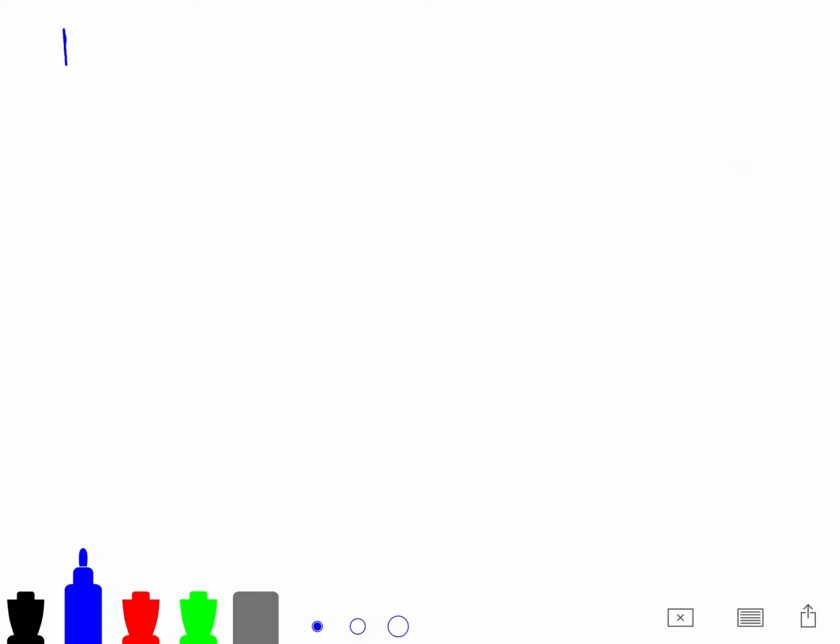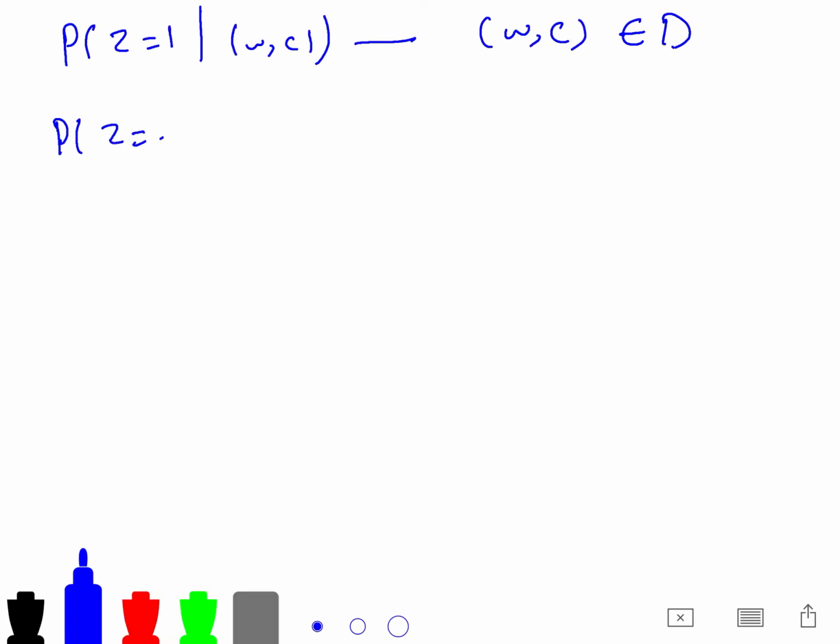Just to review, the probability that Z becomes 1 given the word and the context is the probability that WC is in D, and the probability that Z is 0 given the word and context is the probability that W and C is in D prime.